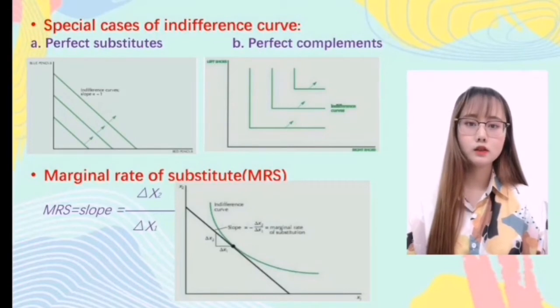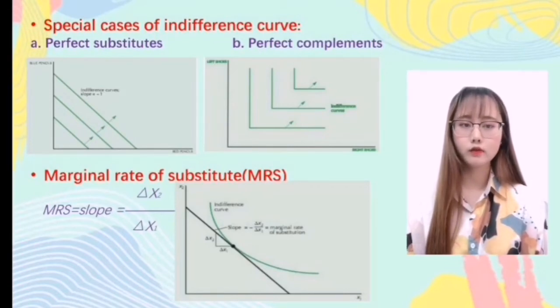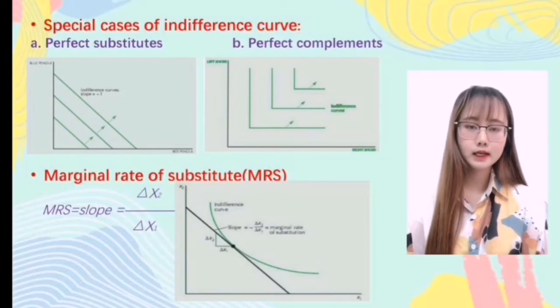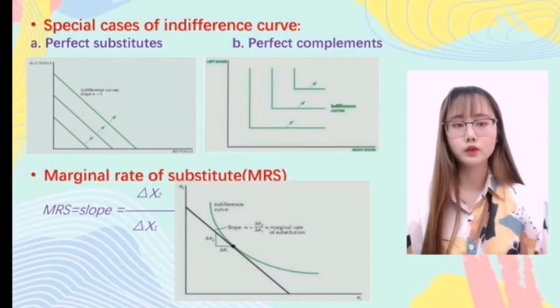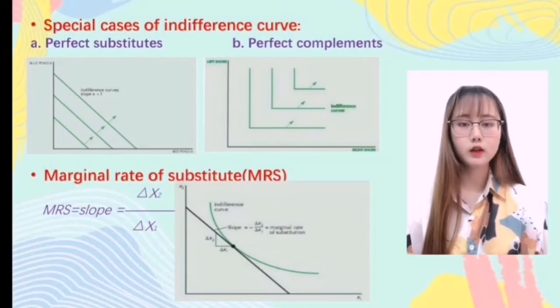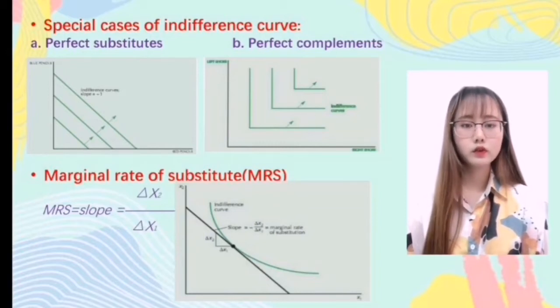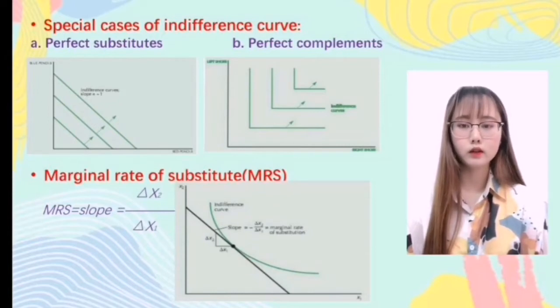Next is the special cases of the indifference curve. Here are 2 examples, perfect substitutes and perfect complements. If the consumer is willing to replace one good with another at a fixed rate, such as 1-to-1 or 2-to-2, then these 2 goods are perfect substitutes, and the indifference curve is a straight line with a slope of -1.